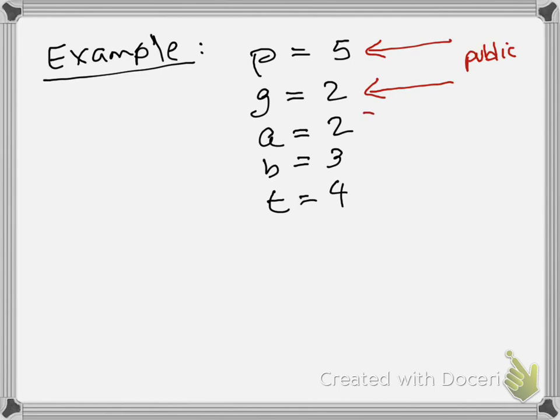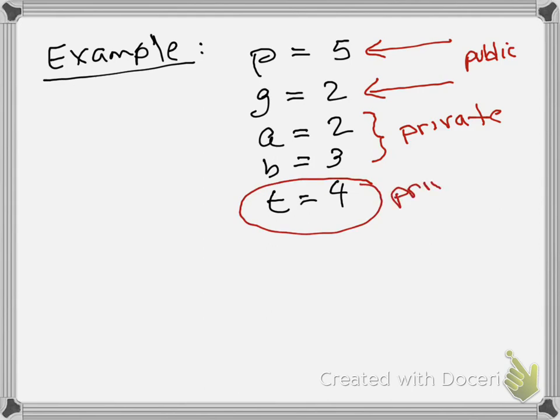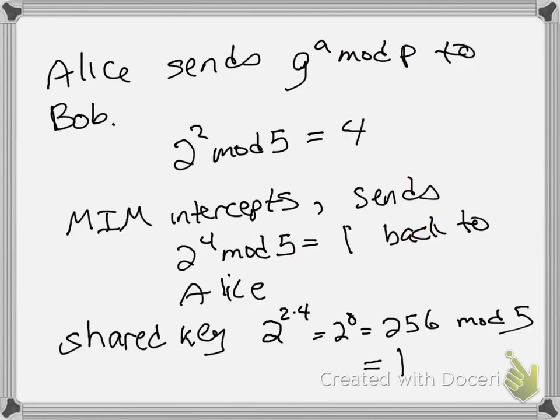Bob's exponent was 3. These are our private keys. But now, t equals 4 will be the private key for the man in the middle. Let's see how this attack unfolds.